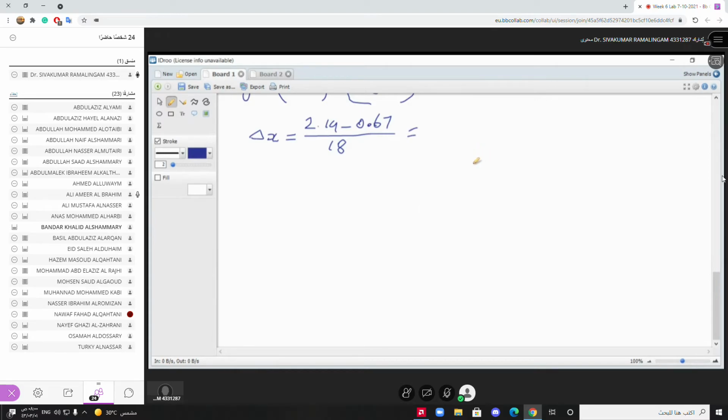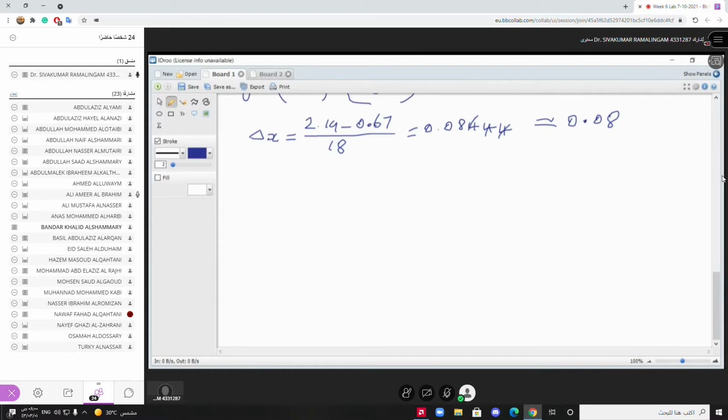If you do this, how much are you getting? 2.19 minus 0.67 divided by 18. How much are you getting? 0.0844444. I can convert this into 2 decimal accuracy. The rest gets deleted. Now this is equal to 0.08.